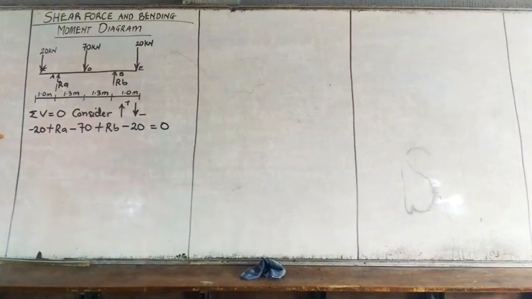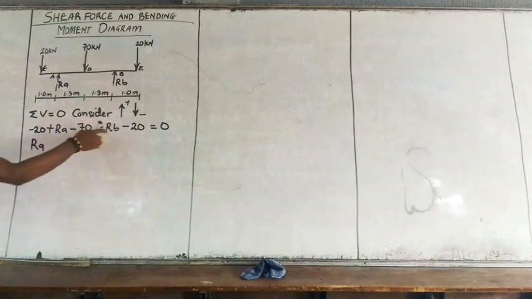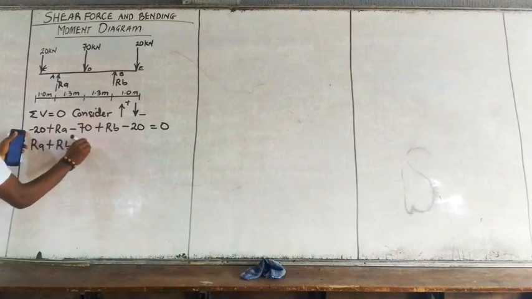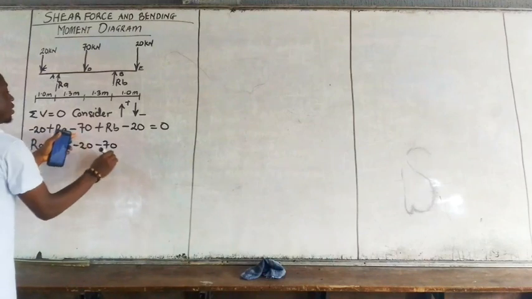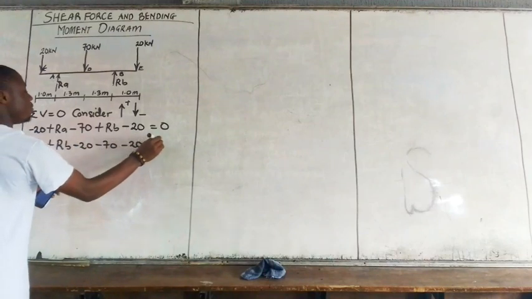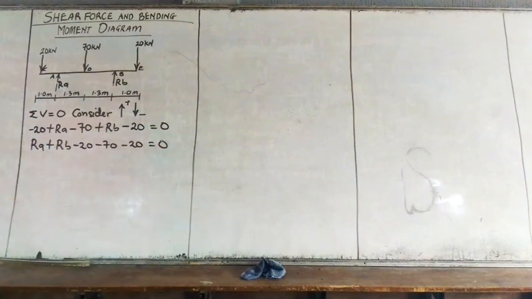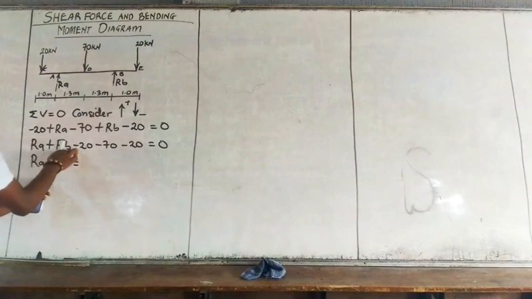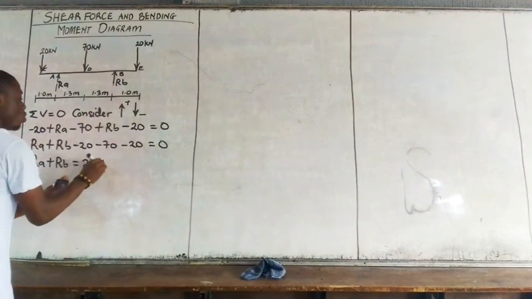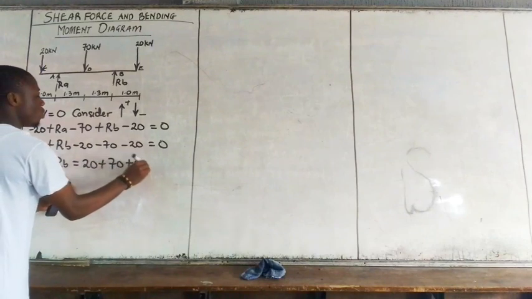Hence, I'll do the needful here. I have RA plus RB, minus 20 minus 70 minus 20 is equal to 0. So RA plus RB is equal to 20 plus 70 plus 20.